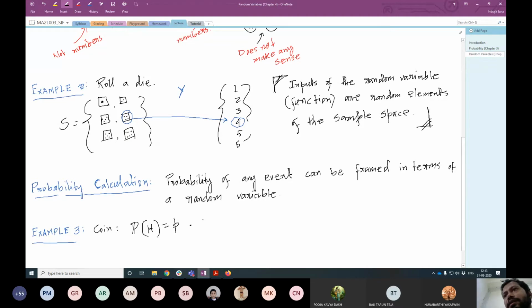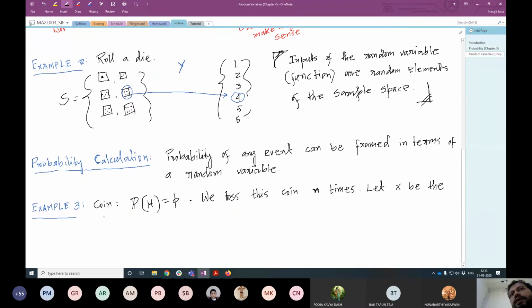What we do, we toss this coin n times, and let X be the random variable which counts the total number of heads.